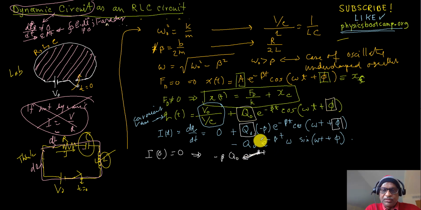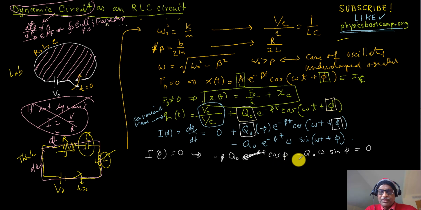This becomes 1, and this becomes cosine phi, and then this whole thing is minus q0 omega sine phi equal to 0. So if q0 is 0, then I have no solution whatsoever. So we'll say q0 is not 0.